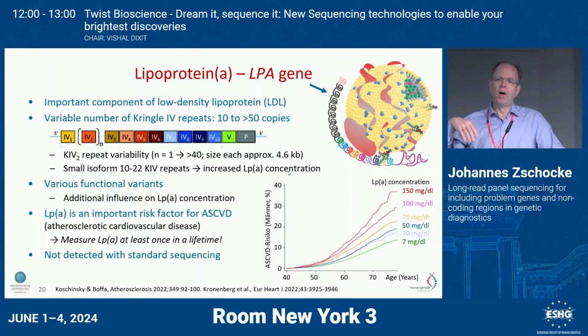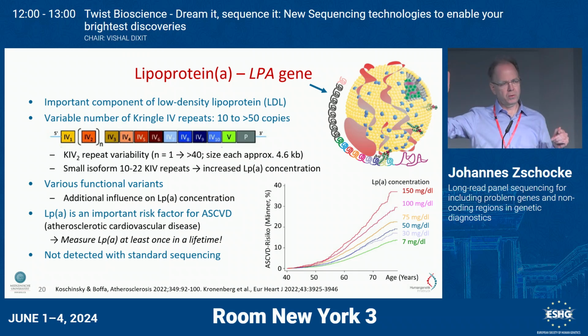So where are we not really where we want to go? The kind of, in my opinion, the holy grail of long-read sequencing is lipoprotein A, the LPA gene, which has these Kringle repeats, which are essential for the LPA protein. So there are 10 Kringle 4 repeats, and the second one is available in 10 to 50 copies.